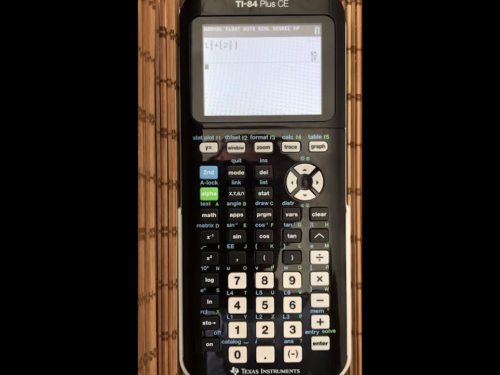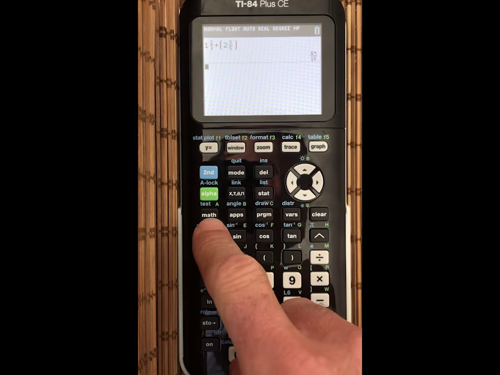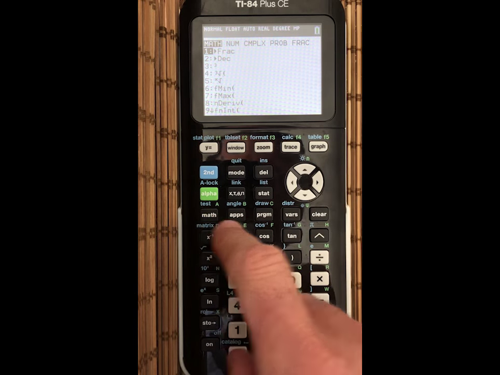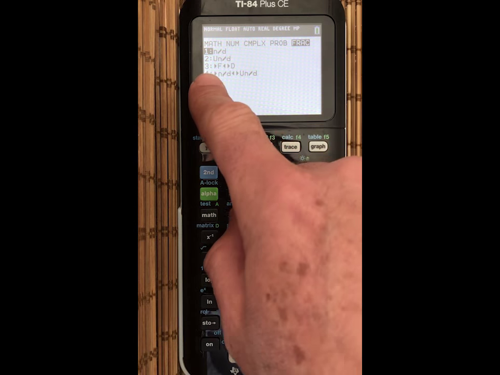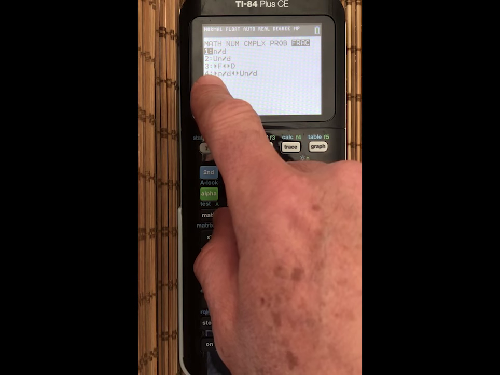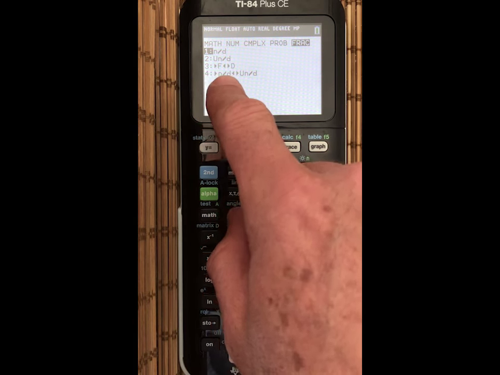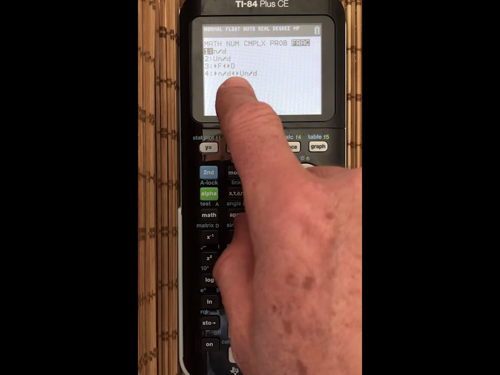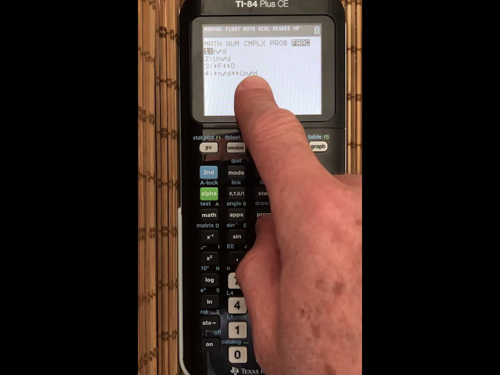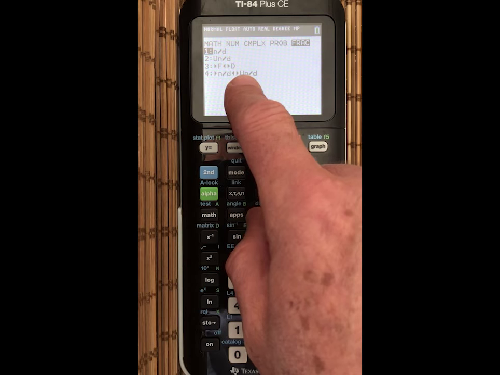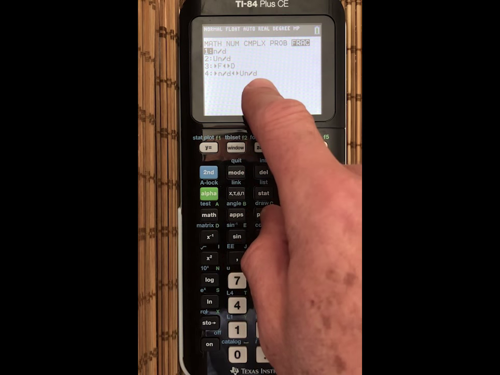A couple of ways we can do that. If we go to the math key right here, and we select fraction again, and then look at this fourth option here. It says from a fraction, numerator, denominator, switch to a mixed fraction format. And it's U and then ND for numerator, denominator.